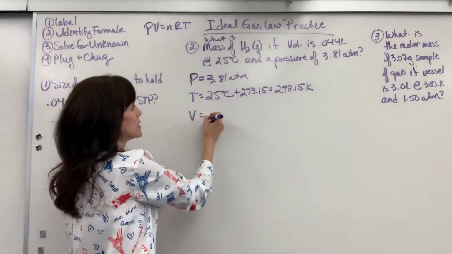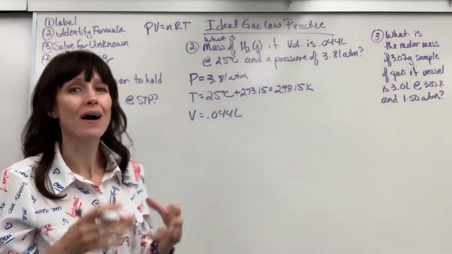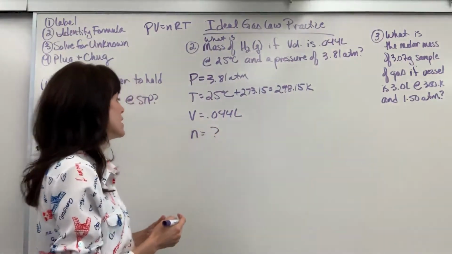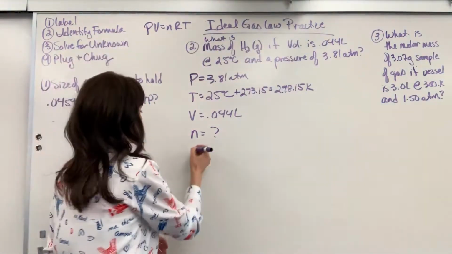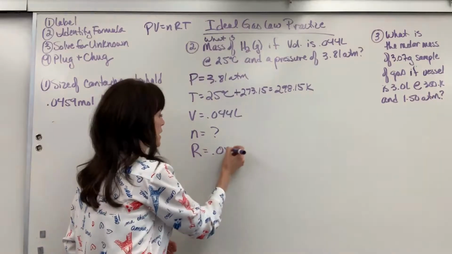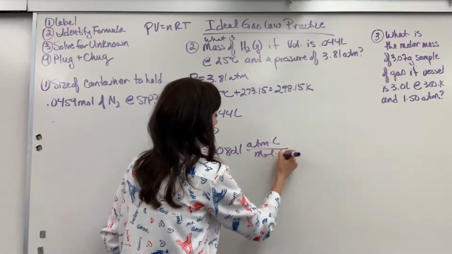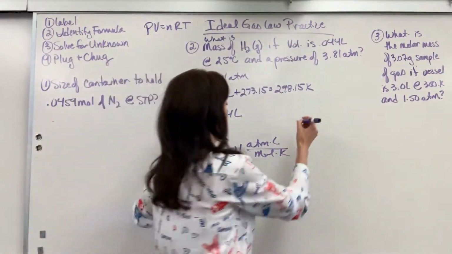Our volume is 0.044 liters. We want mass, but to do that, I know we're going to have to find moles. So seeing amount of substance, I go, oh, we're using the ideal gas law. So let's put R here, 0.0821 ATM times liter divided by mole times Kelvin. Okay, let's go ahead and solve for n.